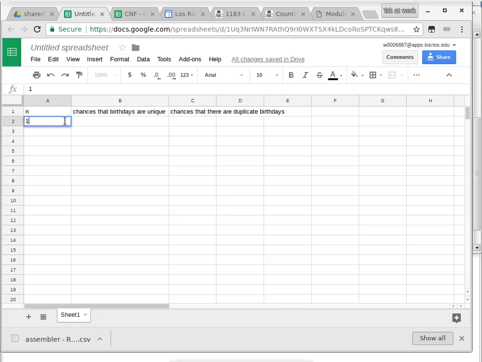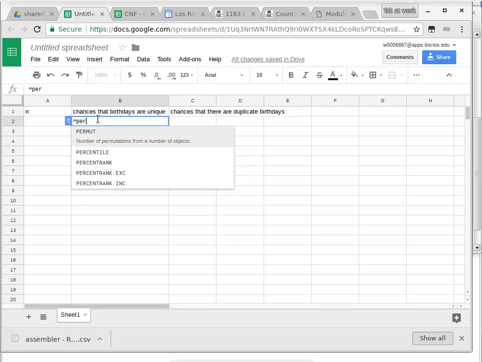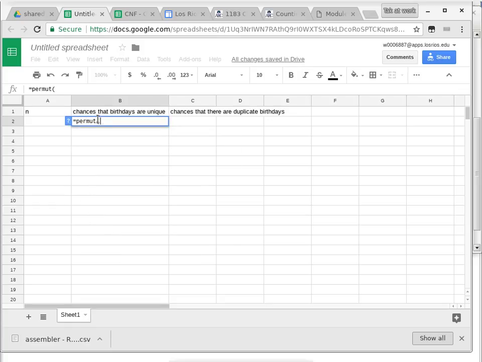All right. So when n is 1, we just plug in the general equation. So you can use permute, as permutation. I think we have to start with the equal sign. Permute. There we go. 365, choose n.